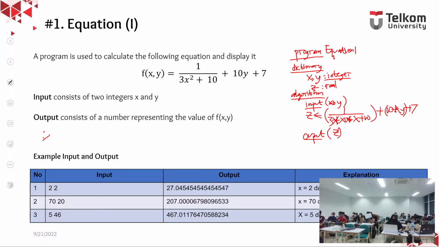The algorithm is to scan X and Y, then do some calculation here, and lastly print the result. Okay, so I will check your work on algorithm notation and program.